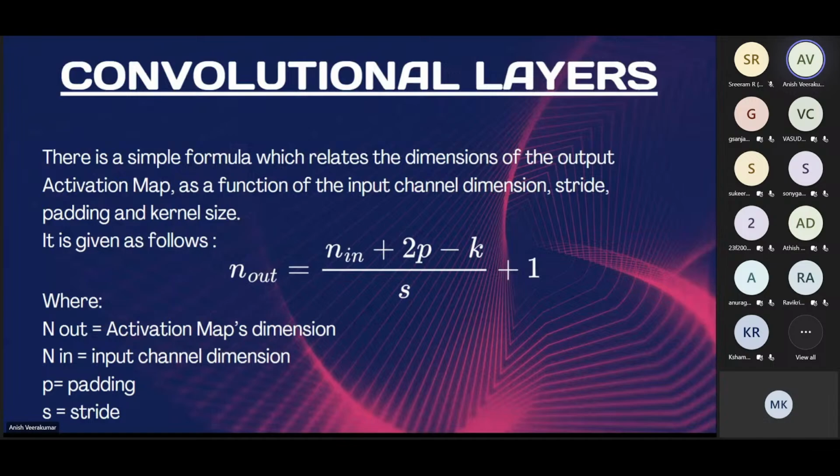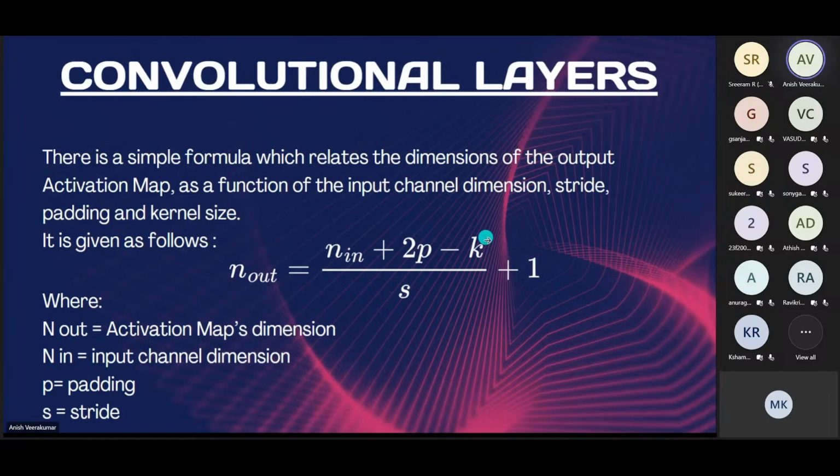So this is the formula: N out is equal to (N in plus 2p minus k) divided by s, plus 1. You might have seen this in the previous session as well. I'm just reiterating this. N out x N out would be the dimensions of the resulting matrix. N in x N in would be the dimensions of the input matrix, or let's say the image.